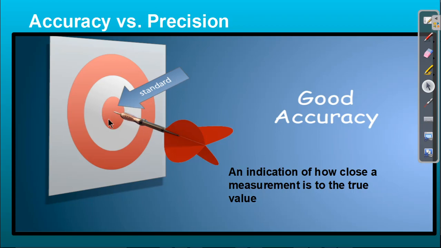If you don't know where the bullseye is here, you cannot hit the bullseye because you don't know where it is. So you know you're accurate if you hit the bullseye. You got the same number as everybody else got. The true value. Here it is, an indication of how close a measurement is to the true value. And you don't know that unless you know the true value.